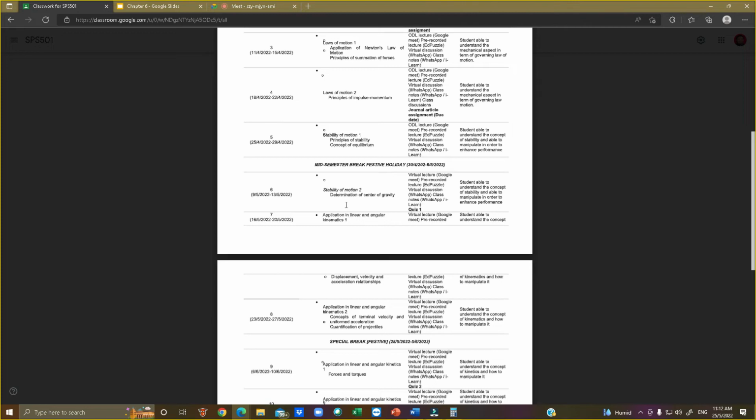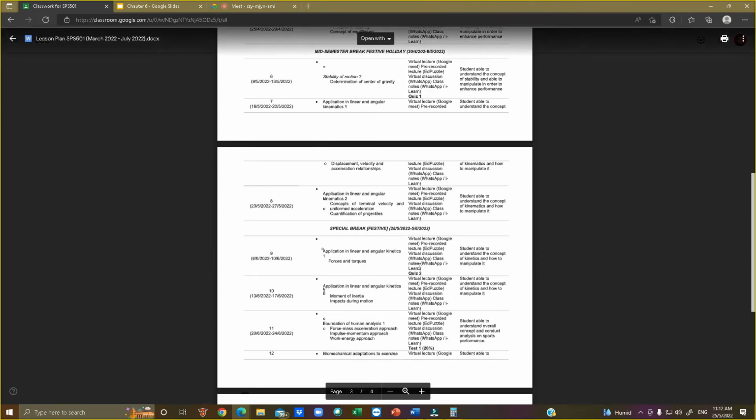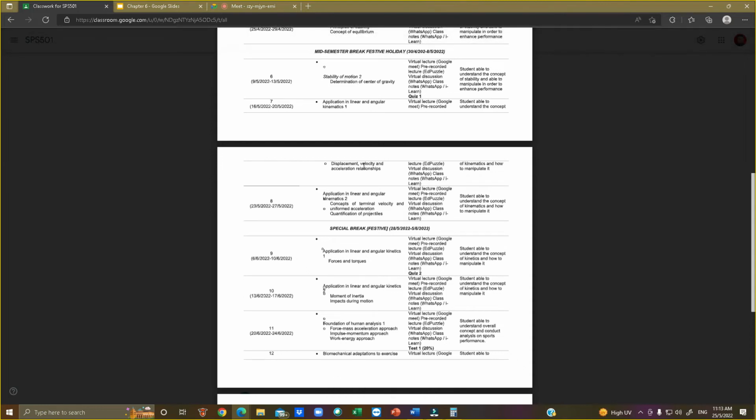Quiz 1 week 6. Jadi dia dah cover sampai stability. So for quiz 2, we are going to cover the topic of COG and also linear and angular kinematics, velocity, acceleration, displacement. Yang tu akan masuk dekat dalam quiz 2, another 10 question.